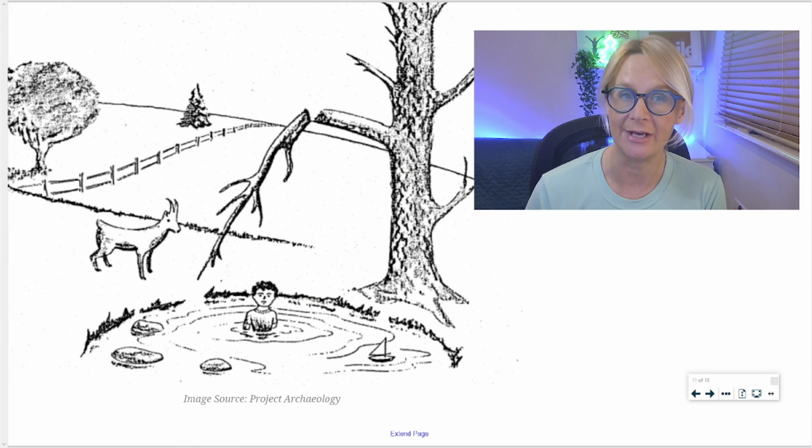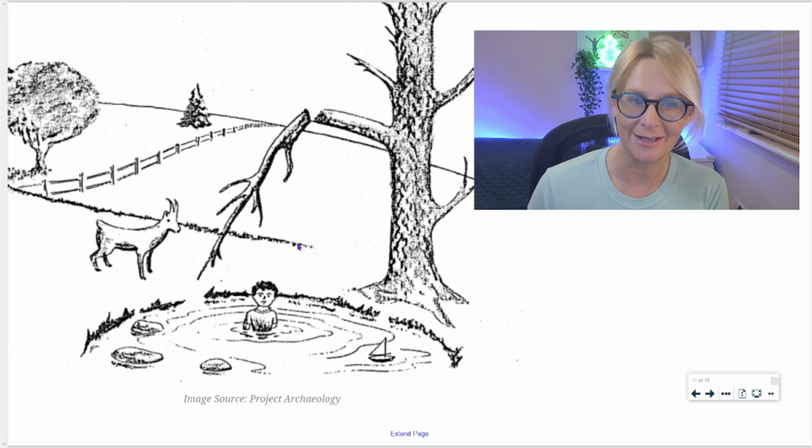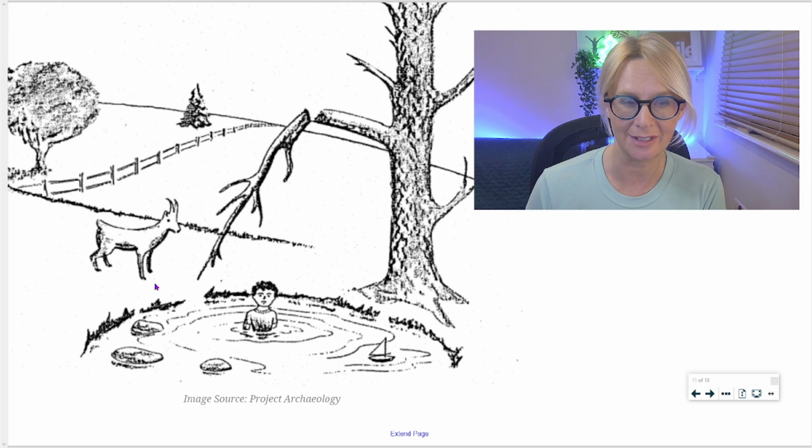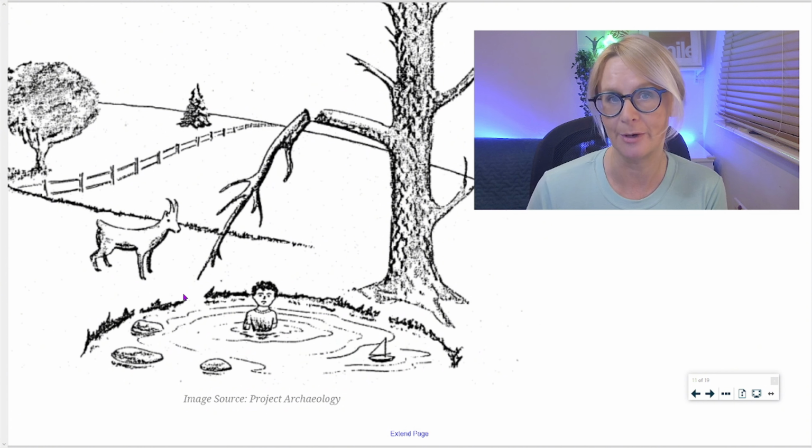That is our observation. We may be able to infer that this boy climbed the tree and fell into the water. Another observation would be that there's a sailboat here and a goat standing close to the water. Another inference that we could draw would be that the boy was maybe floating the sailboat and the goat came along and butted him into the water.